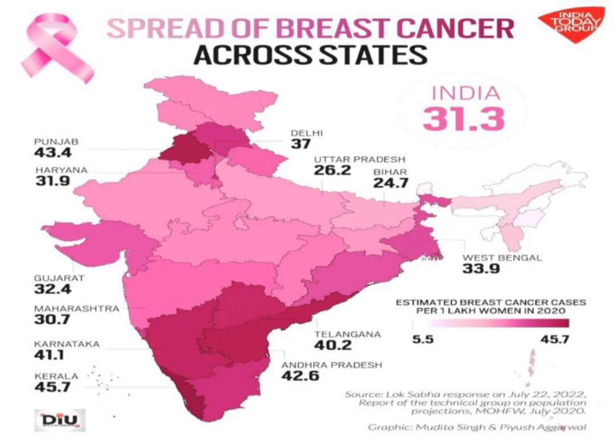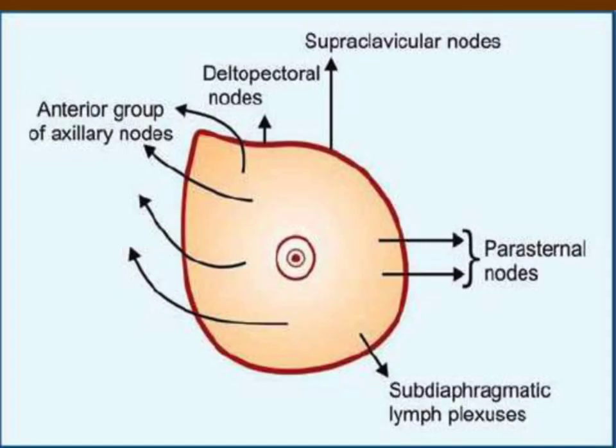So the south portion really has a very high incidence, more than 40 per lakh women as per the report in 2020. But the current ICMR data says the overall breast cancer incidence in India is 10.6 per lakh women.